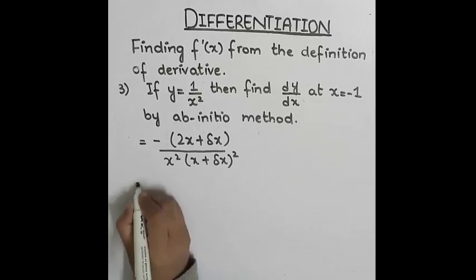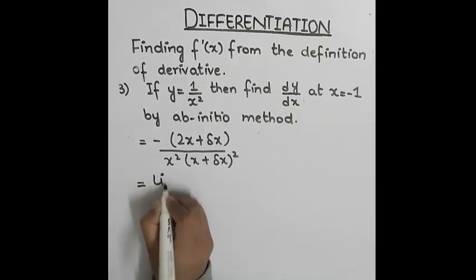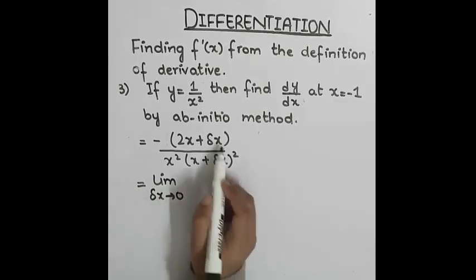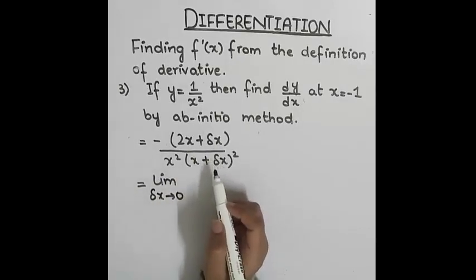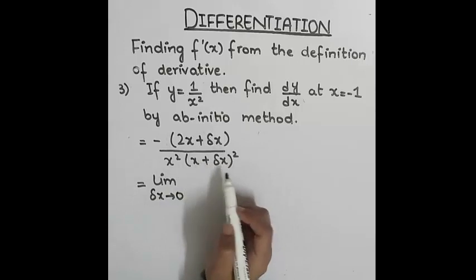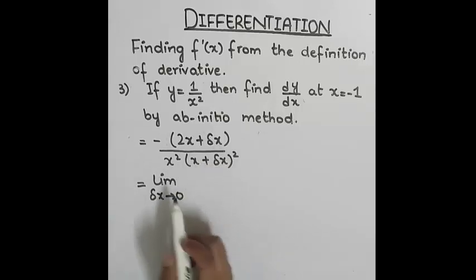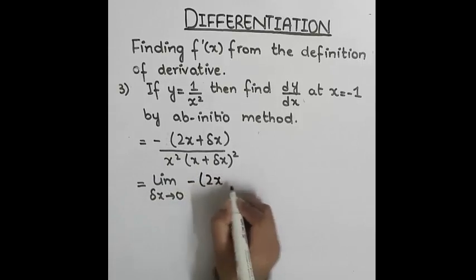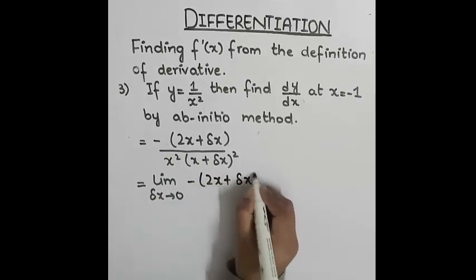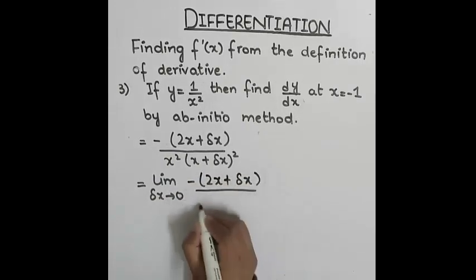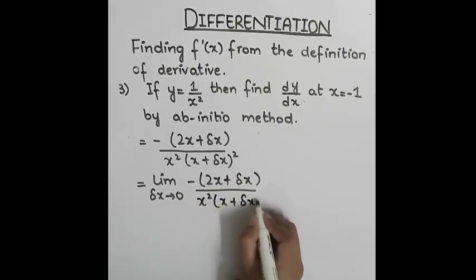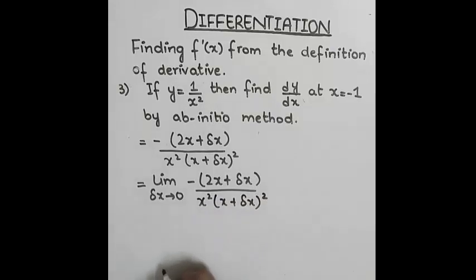So fourth step is to take the limit. Limit delta x approaches 0, and this term is equal to f of x plus delta x minus f of x divided by delta x. So taking its limit, minus (2x plus delta x) divided by x square (x plus delta x) whole square.